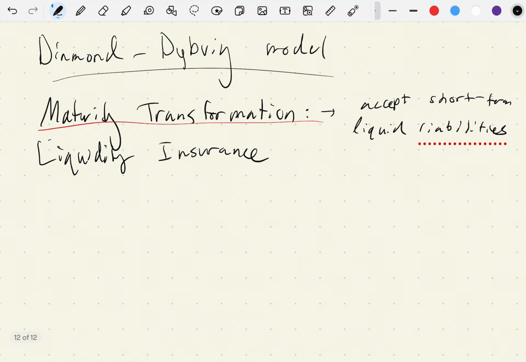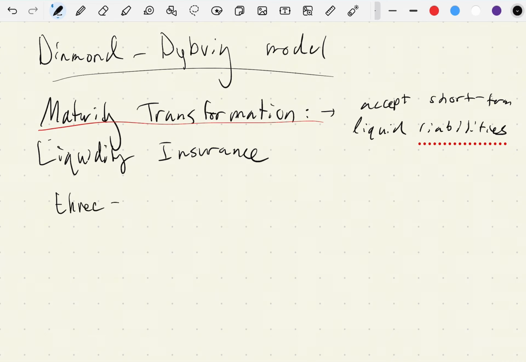Now, the Diamond-Dybvig model is elegantly going to demonstrate how this process of maturity transformation is a form of valuable insurance against individuals' uncertain need for liquidity.